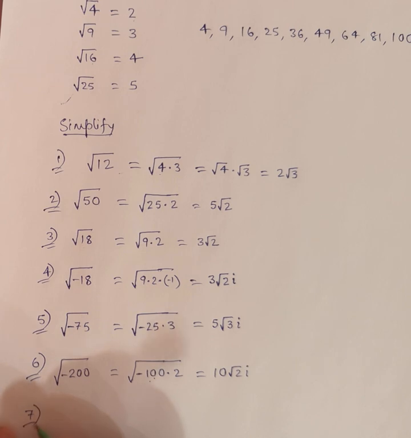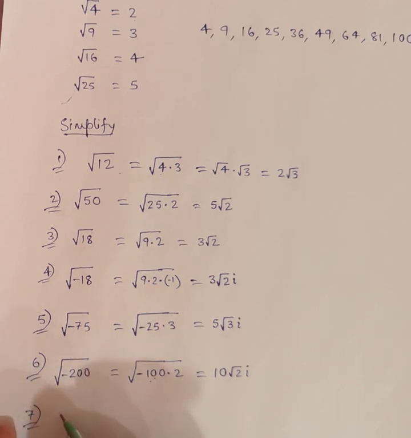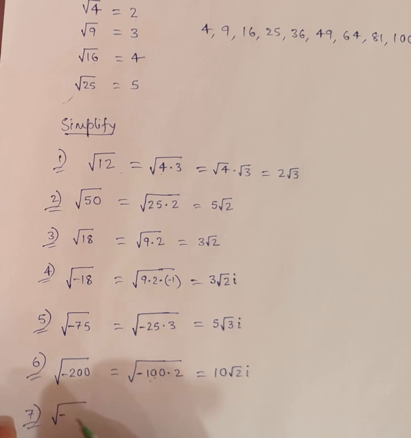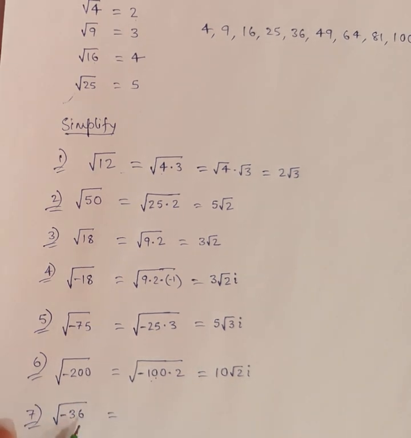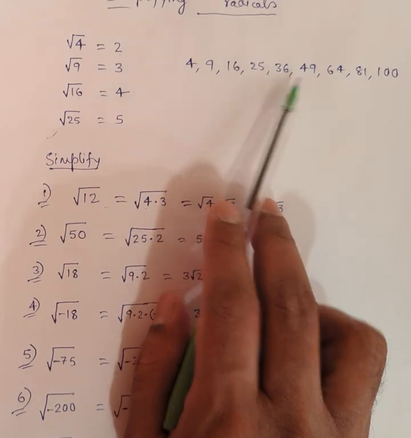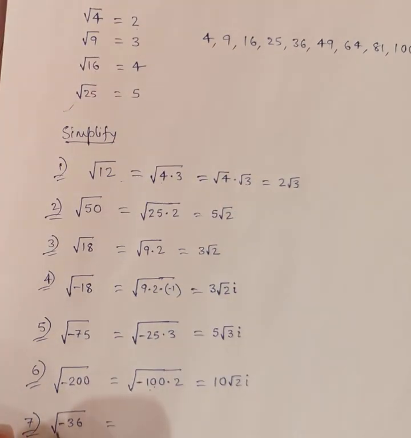And let's do maybe one more. So this time I want to say the square root of negative 36. Well, 36 is in this list. 36 is actually 6 squared. So the square root of negative 36 would just be 6i.